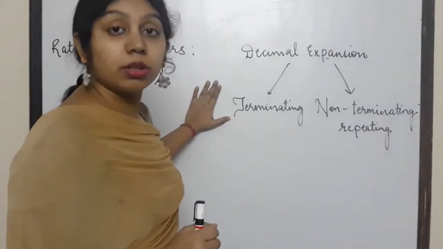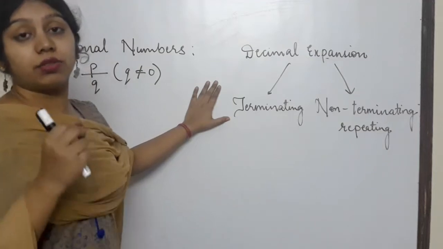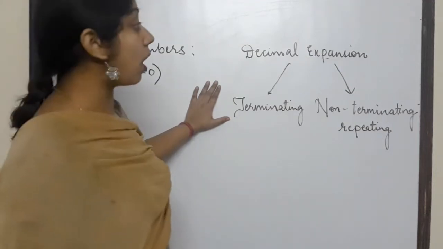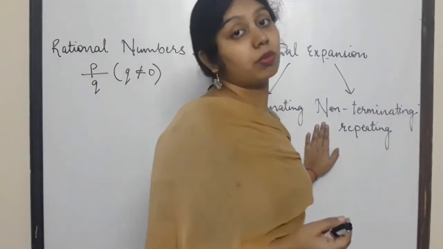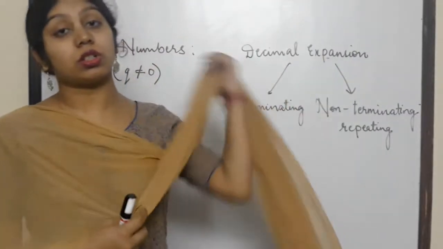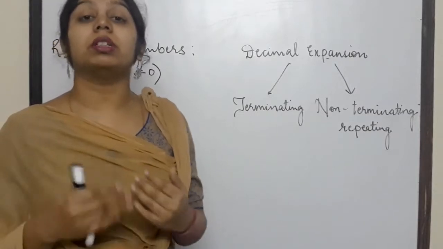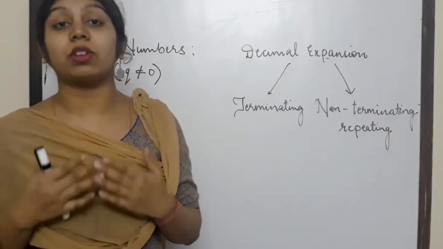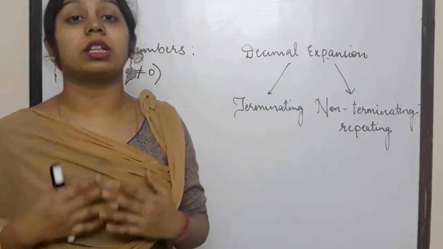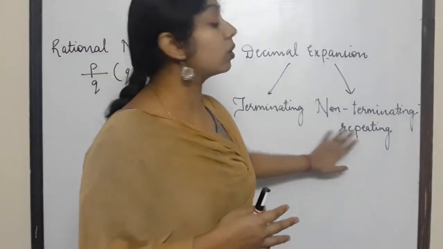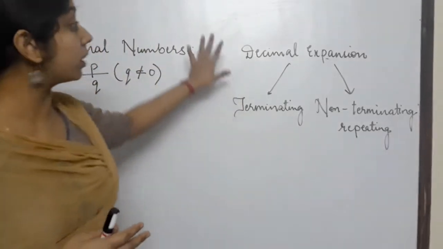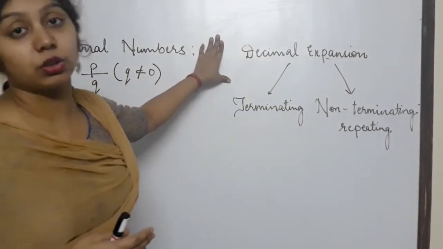Firstly, either they are terminating, that means that they will leave a remainder 0 after a certain point, or they are non-terminating, repeating. That means they will not terminate, they will not stop, but the numbers will get repeated, or there will be a sort of pattern where it will keep on going but it will not terminate. So based on these two characteristics of rational numbers, on their decimal expansion, we have the three theorems.